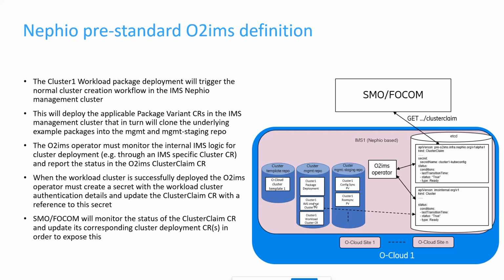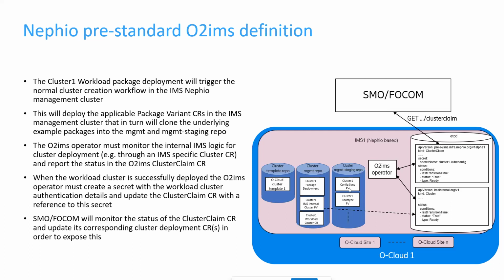What I think you need to have is the workload cluster CR there. That one should be there the way it always works in FU. I also think you should have these resources that are in the management staging repo. They should be created here on the IMS side, because these are cluster global resources, like the config sync deployment, that shall go into the workload cluster.